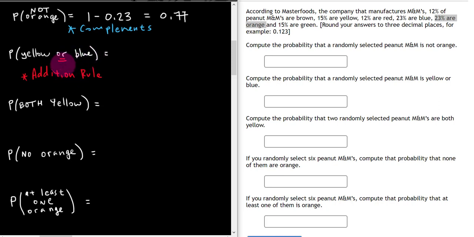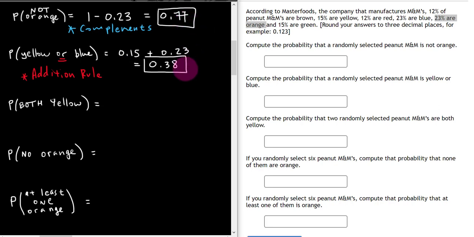No, right? These are mutually exclusive. So we would just get the probability for the individual events, yellow, blue, and add them up. So we're told there's a 15% chance for yellow, and blue is also 23%, so that should do it there. Cool. For these two parts, this was for a single M&M.